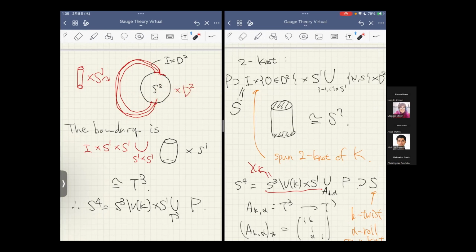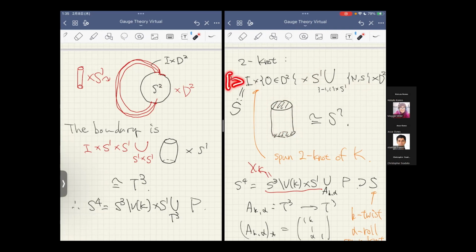So this is the part of the knot cross S^1. This is a cylinder, and we attach two discs here.